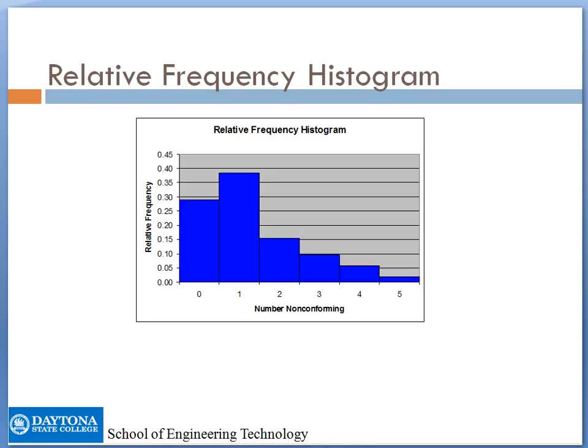Another is the relative frequency distribution, which means the proportion or fraction of the total. The relative frequency is calculated by dividing the frequency of each data value by the total, which is the sum of the frequencies.